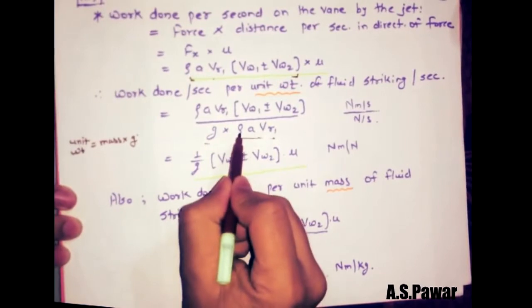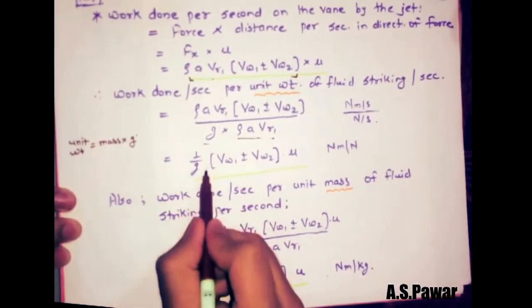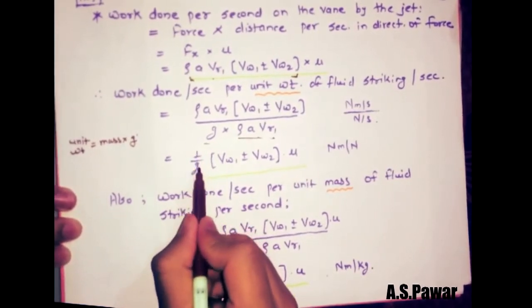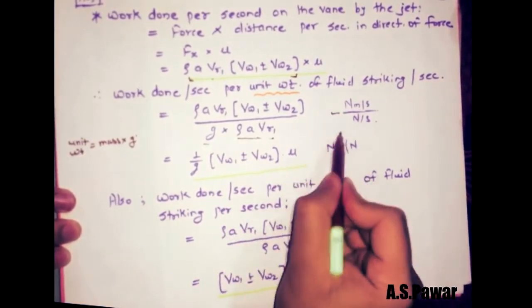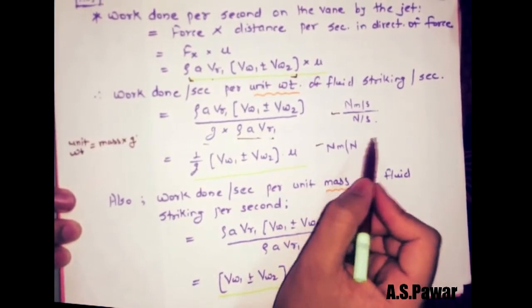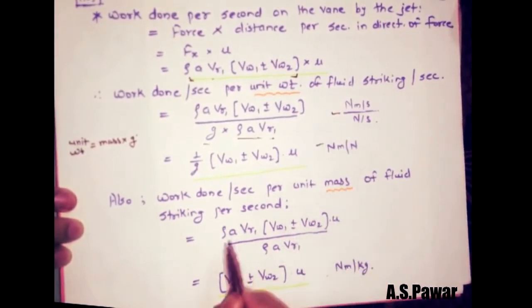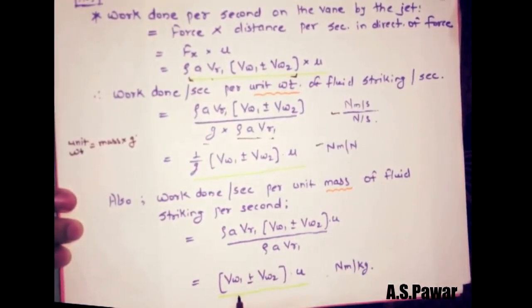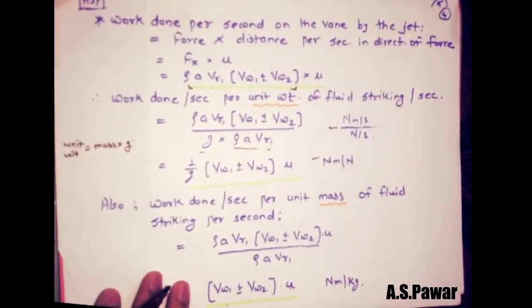If we simplify, we finally get 1 divided by g into (vw1 plus or minus vw2) into u. The final unit will be Newton meter per Newton. Likewise, we can find the work done per second per unit mass. It will be work done divided by mass, and the simplified equation is (vw1 plus or minus vw2) into u, in Newton meter per kg. In this manner we can find the work done.